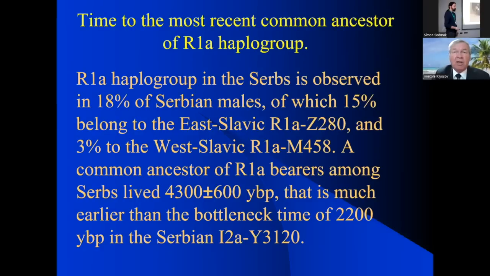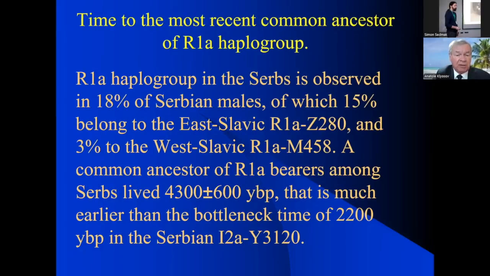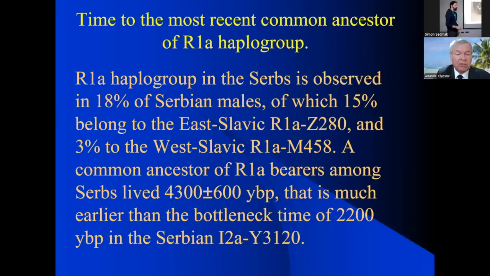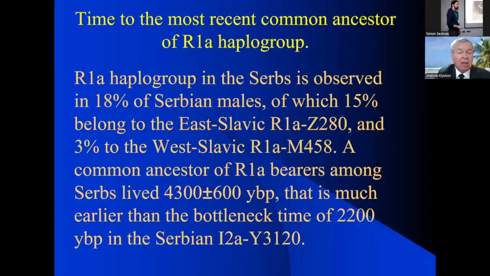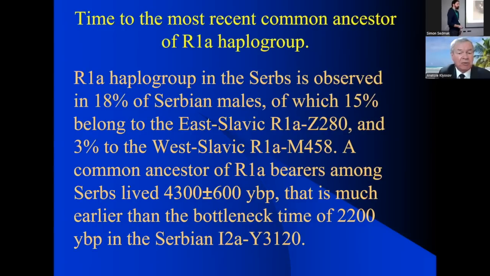At that time R1a lived on the Russian plain, in the middle of the nowadays European part of Russia. They were descendants of a number of archaeological cultures, and R1a formed 5,000 years ago. And in the Fatyanovo culture, they lived from about 4,900 years ago.